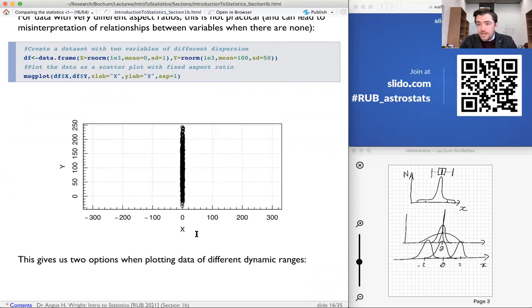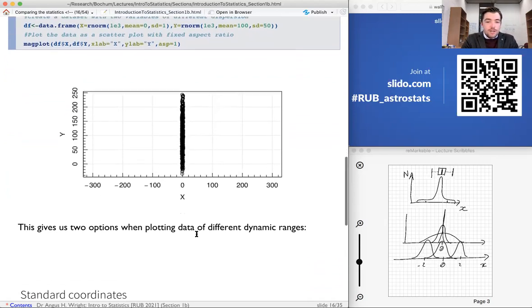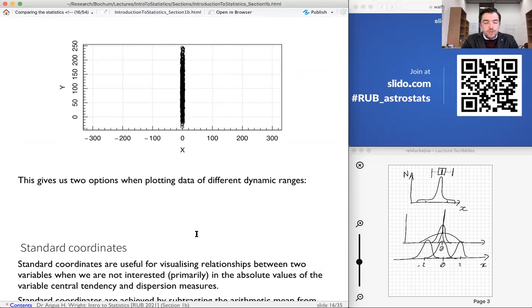So the question is, what do we do in order to measure or look at the relationship between variables that have very, very different dispersions in one variable and the next? Well, the first thing you could do is plot with two different limits on the x and y axis and tailor those to your own benefit.